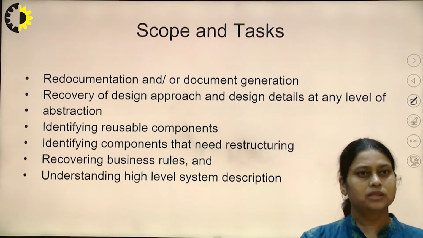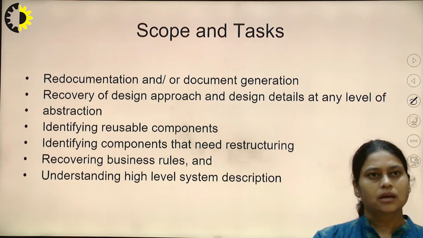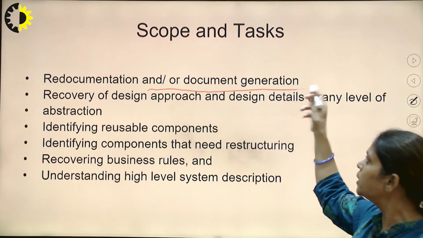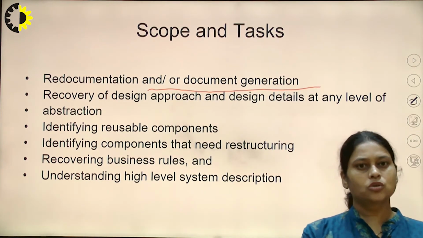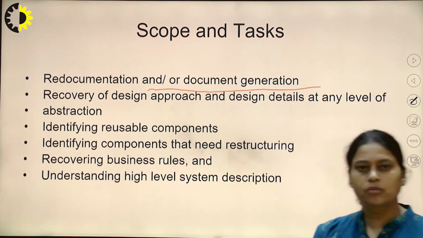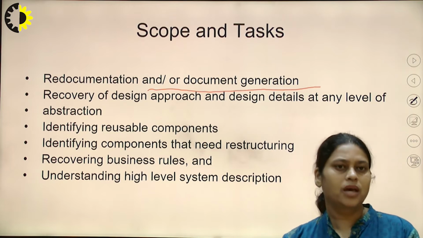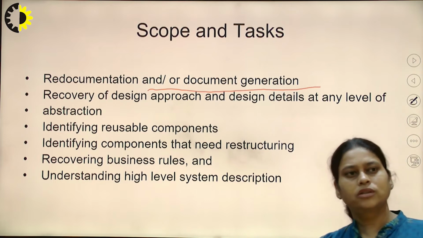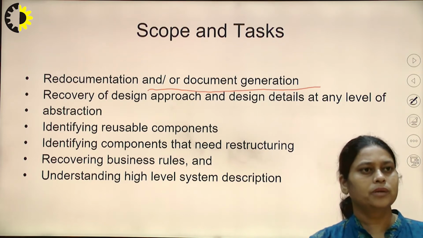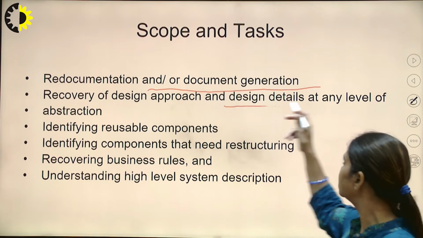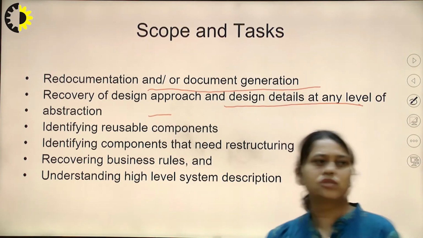So the scope of reverse engineering: in this process, we have to redocument. We focus on the redocumentation of the work, because some documentation about the project was already generated. The second task is the recovery of the design approach and the design details at any level of abstraction.